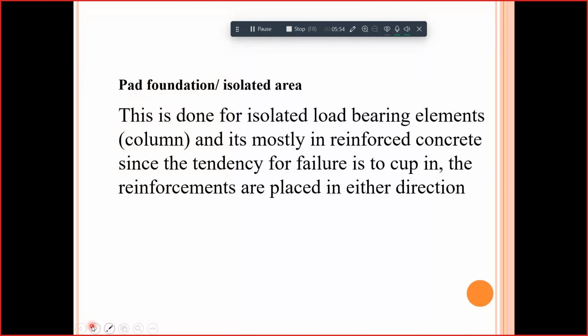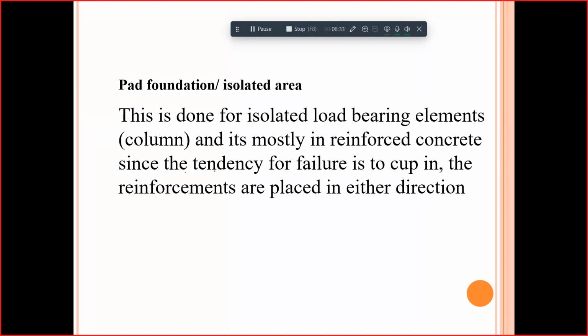We have pad foundation or isolated. I may request Tony to read for us and explain a bit. Pad foundation or isolated. This is done for isolated load-bearing elements, in brackets columns, and it's mostly in reinforced concrete, since the tendency for failure is to cave in. The reinforcements are placed in either direction. Good.